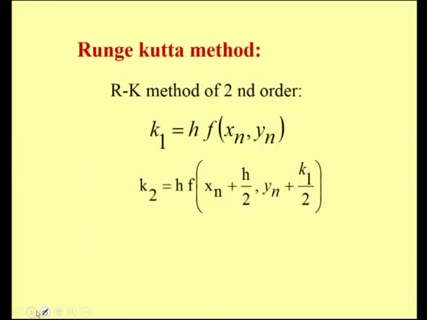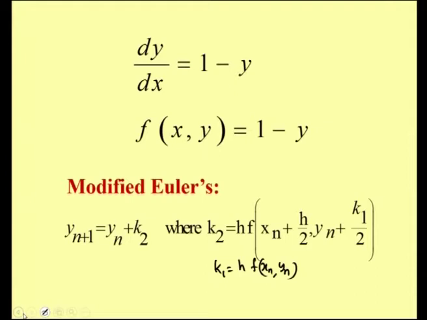Next, the RK method of second order is similar to the modified Euler's method. You can see k1 is h into f of xn comma yn and k2 is h into f of xn plus h by 2 comma yn plus k1 by 2, which is the same formula we had in the modified Euler's method.